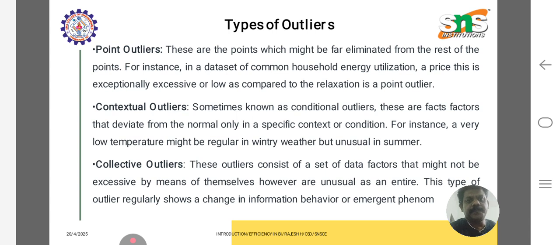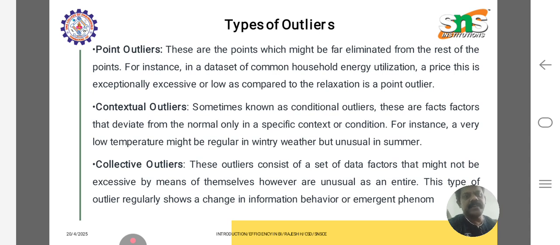Let's see what point outliers are. These are points which are far removed from the rest of the points. For instance, in a data set of household energy utilization, a value that is exceptionally high or low compared to the rest is a point outlier. Contextual outliers, sometimes known as conditional outliers, are points that deviate from the normal only in a specific context or condition.